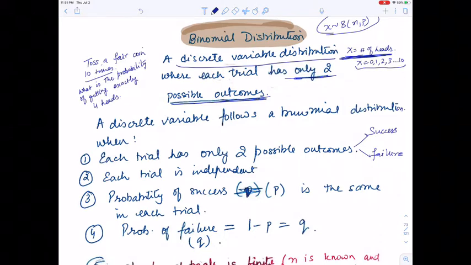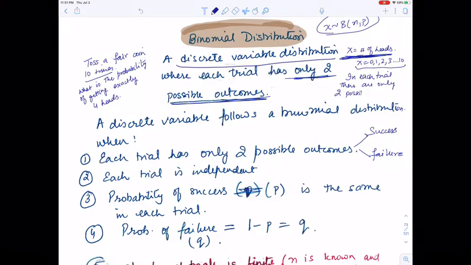So that means in each trial there are only 2 possible outcomes: either head or not heads. These are the only 2 possible outcomes.